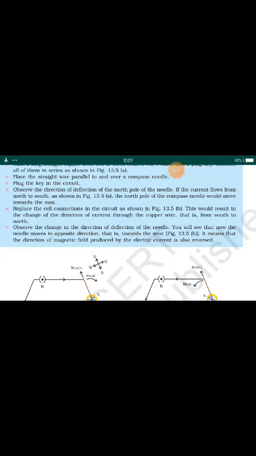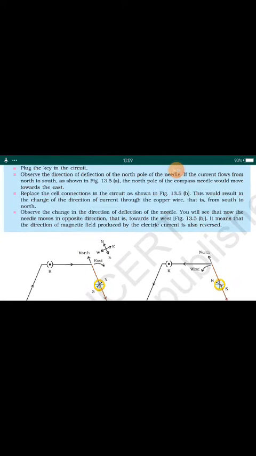This would result in the change of the direction of current through the copper wire, that is from south to north. वो south to north में जाता है. Observe the change in the direction of deflection of the needle.